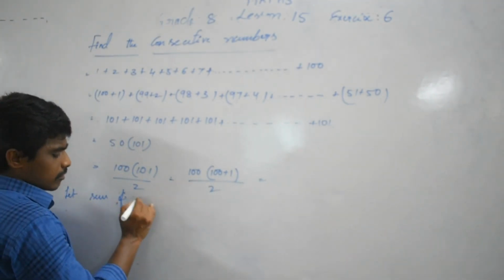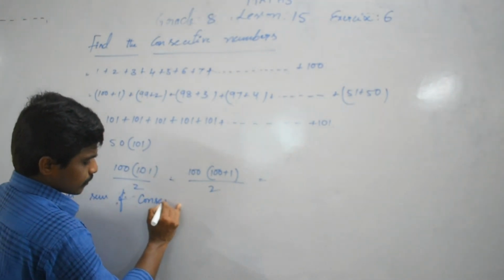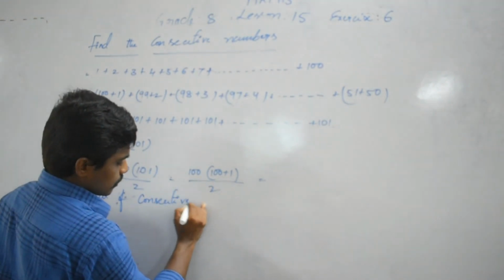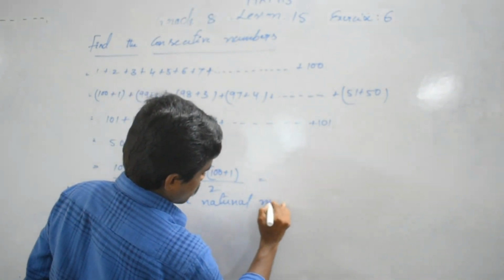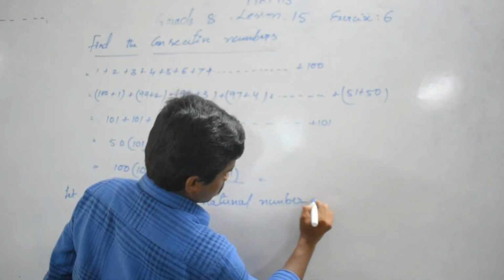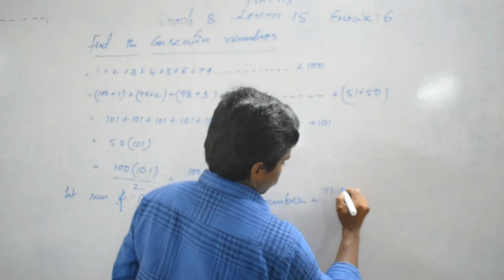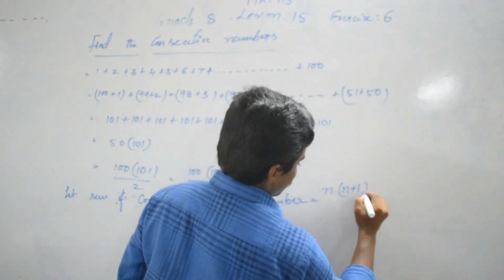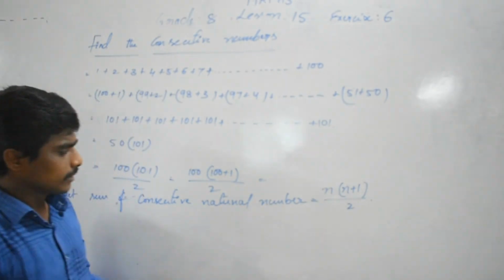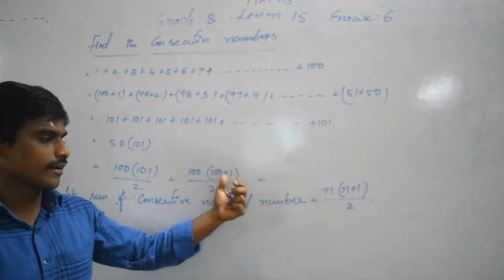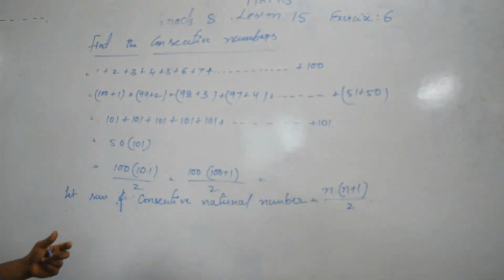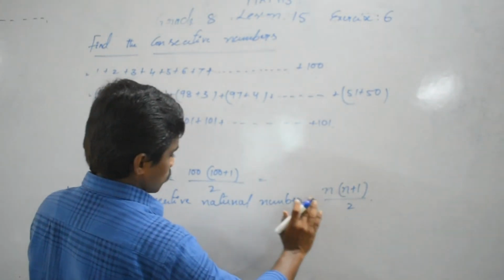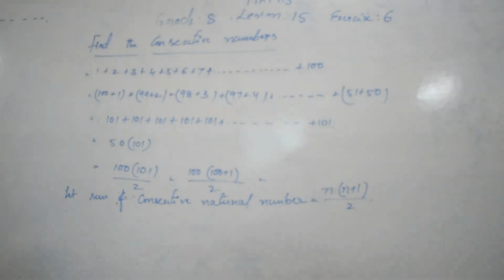The sum of the consecutive natural numbers is equal to n cross n plus 1 by 2. Here see, 100 cross 100 plus 1, n cross n plus 1 by 2. This is the sum of the consecutive natural numbers. Right.